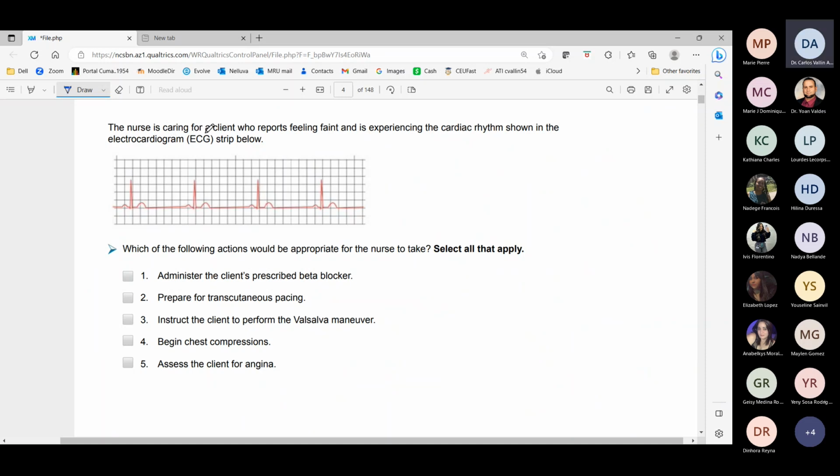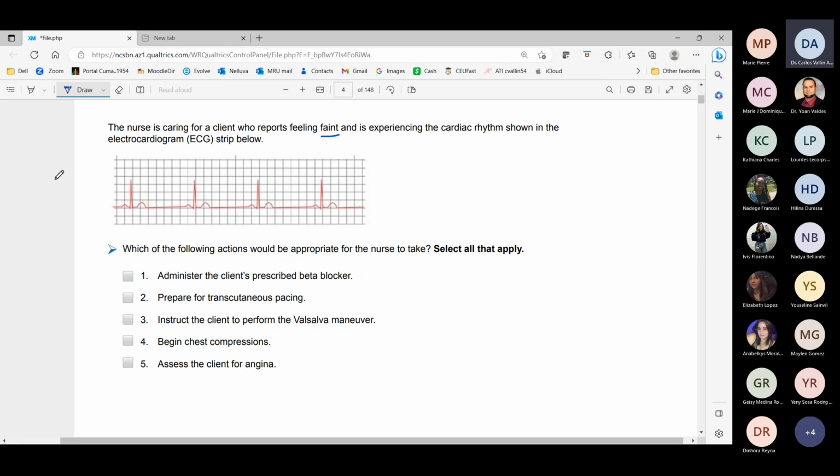The nurse is caring for a client who reports feeling faint and is experiencing the cardiac rhythm shown in the EKG or ECG strip below. So now they show you the strip.